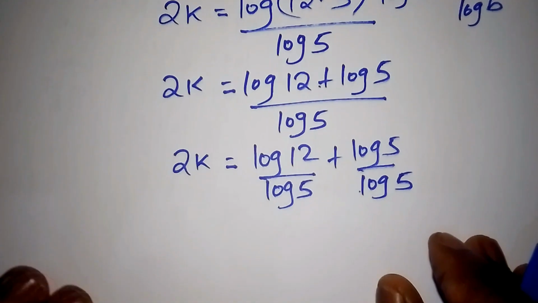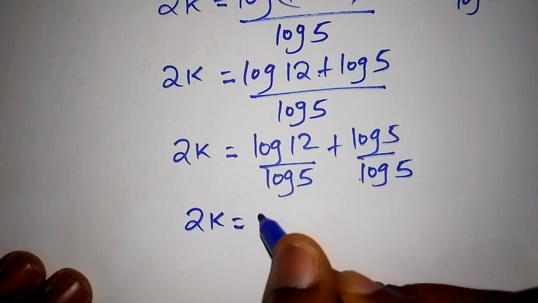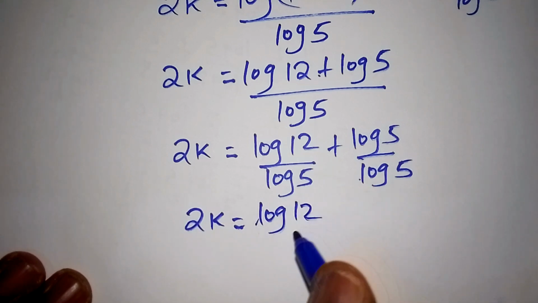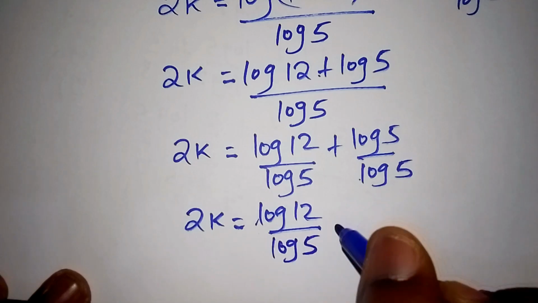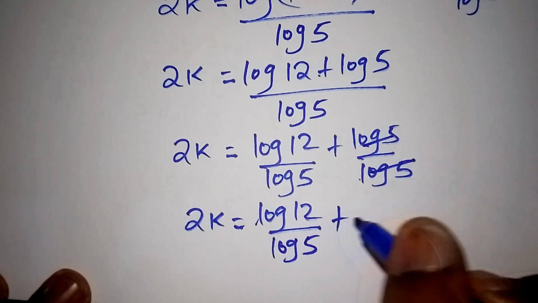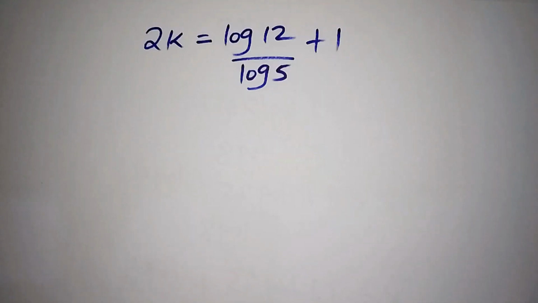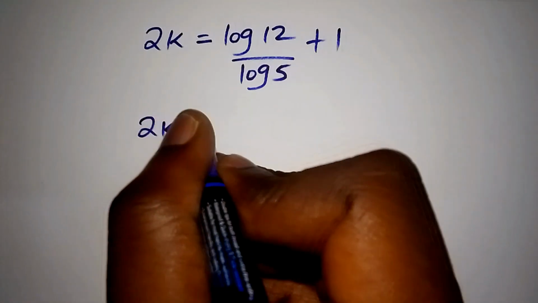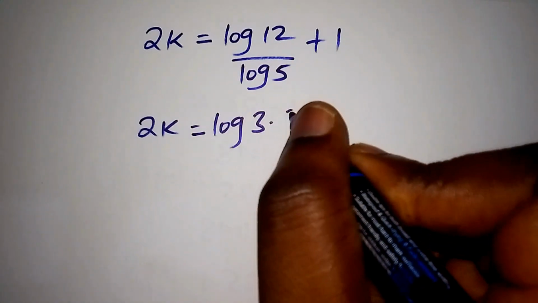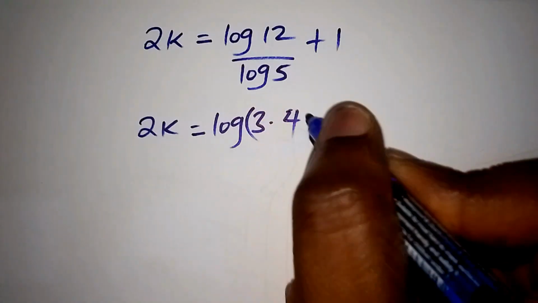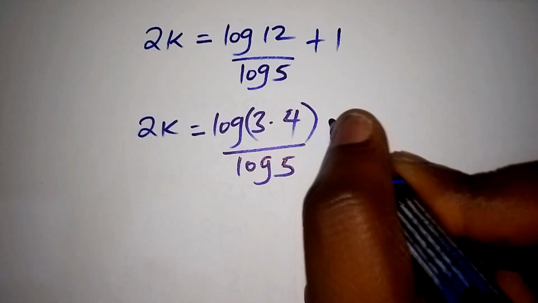So 2k is equal to the log of 12 all over the log of 5, plus, since log 5 and log 5 cancel, 1. Next, log 12 can also be written as the log of 3 multiplied by 4, in brackets, all over the log of 5, plus 1.